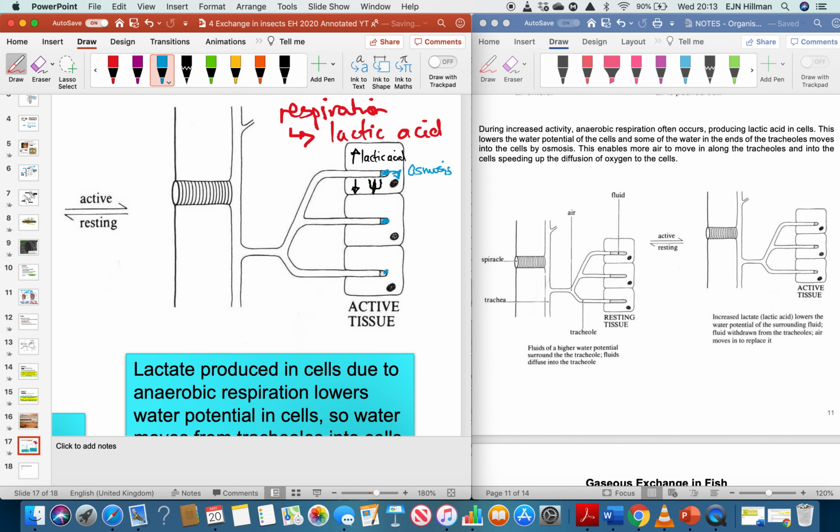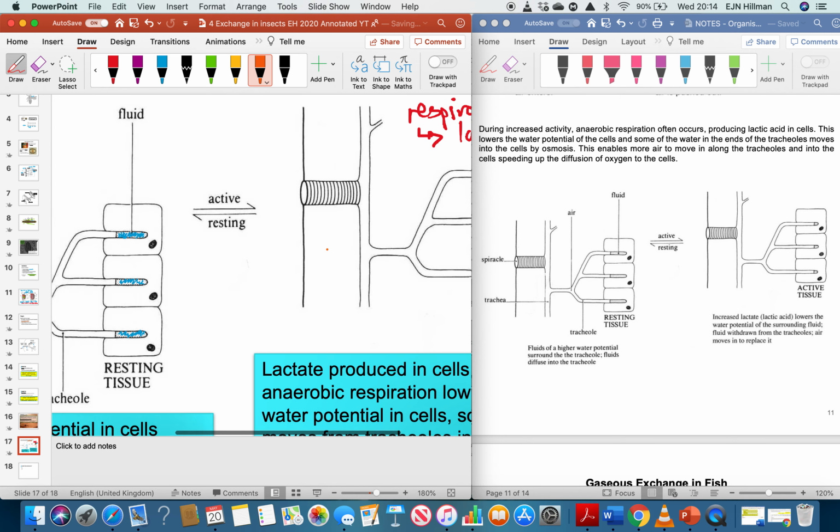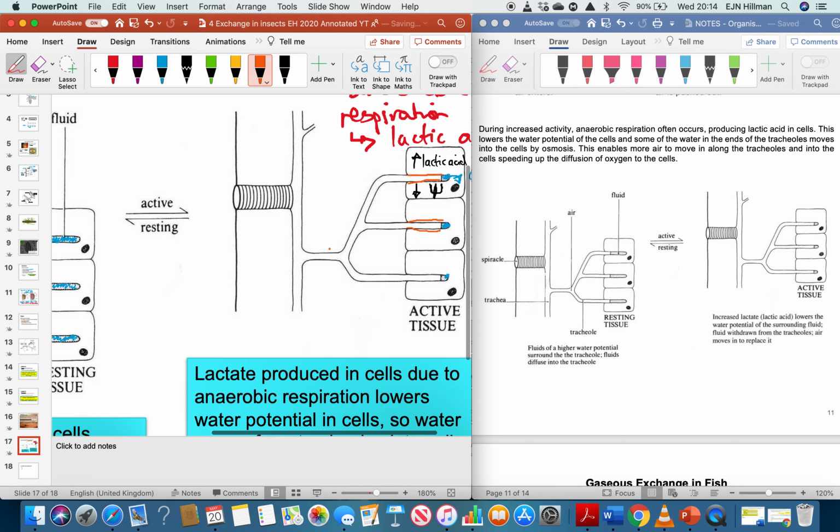There's a higher water potential in that fluid, in the tracheole, than in the tissue. So water leaves the tracheole by osmosis into that tissue. Now, what we can see is that increases the surface area of these tracheoles. So now these tracheoles have a greater surface area for diffusion.